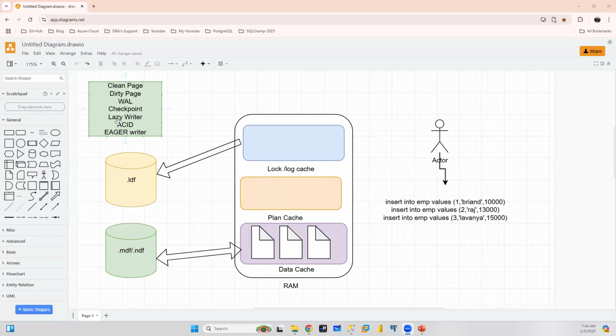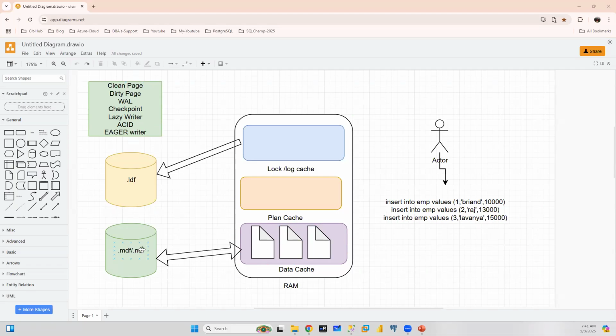Now there is one more concept. Because the log changes are moving to the LDF file, what about the changes made in the data cache? Who will take care of moving them to the MDF file? Checkpoint, an internal process. Checkpoint writes all the changes made in the cache to the MDF file.